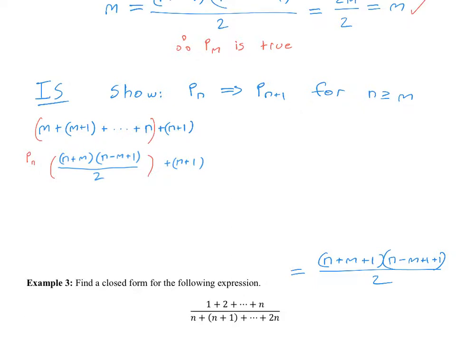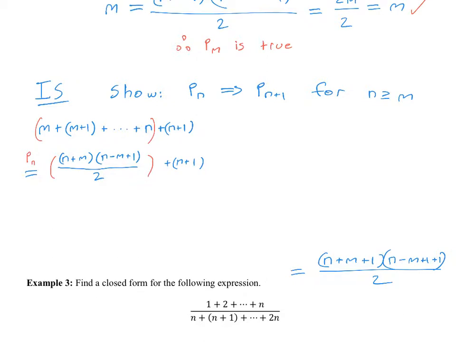Now our job is to find a way so that the two expressions that we wrote down so far are equal to each other. So right now we have that the original expression is equal to this by P sub n, and we have to connect it to the right-hand side of P sub n plus 1. So let's just look at the two expressions that we have and think about how they're the same and how they're different. Well, we have everything being divided by 2, and not everything here is being divided by 2.